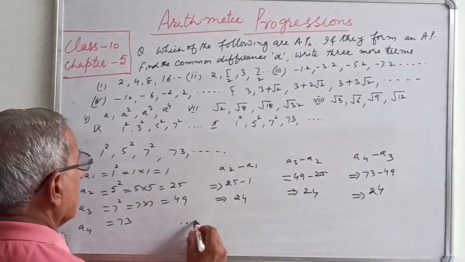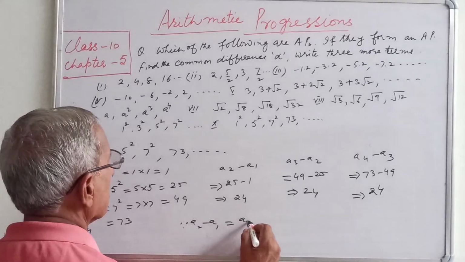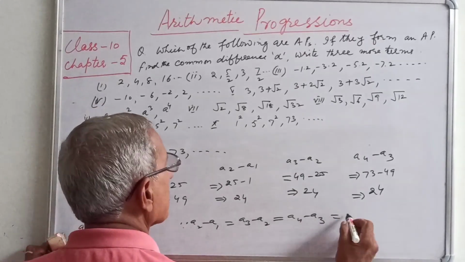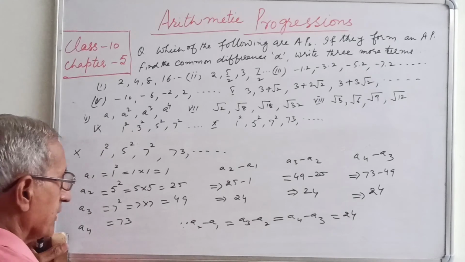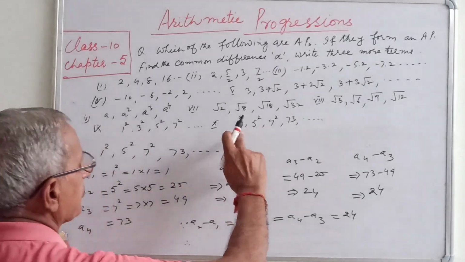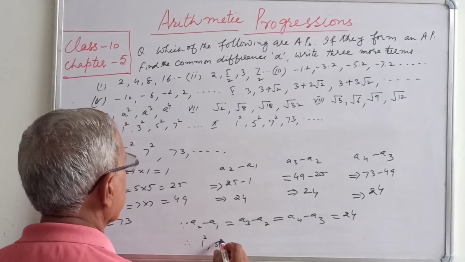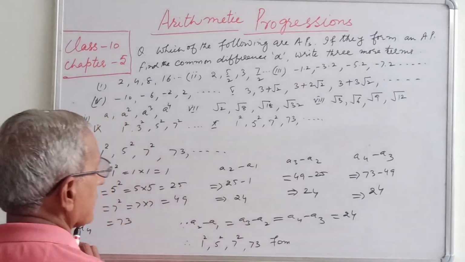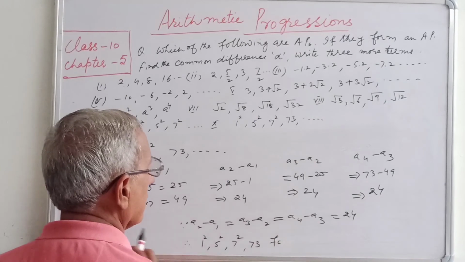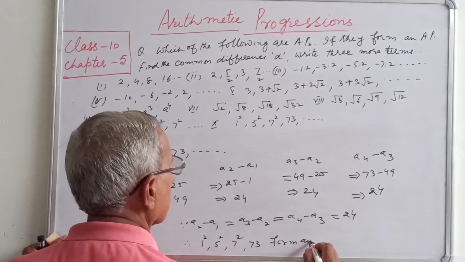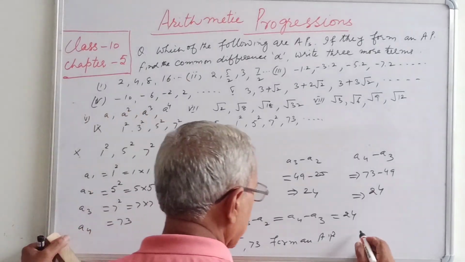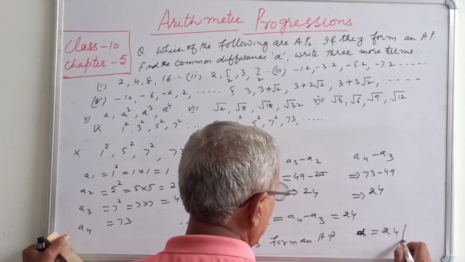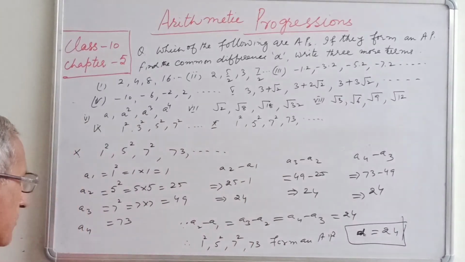So since A2 minus A1 equal A3 minus A2 equal A4 minus A3, हर बार कितना डिफरेंस आया है? 24. सो देयरफॉर ये जो सीक्वेंस था, देयरफॉर स्क्वायर ऑफ 1, स्क्वायर ऑफ 5, स्क्वायर ऑफ 7 and 73 form an AP. अब इसमें D है, कॉमन डिफरेंस है 24. The common difference for this AP is 24.